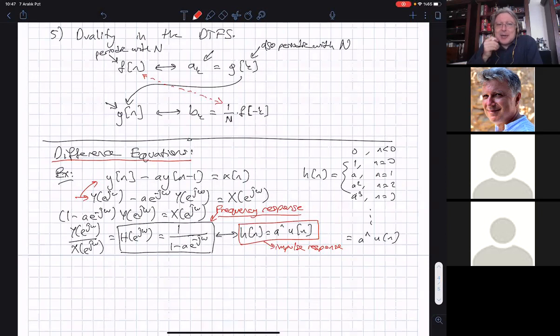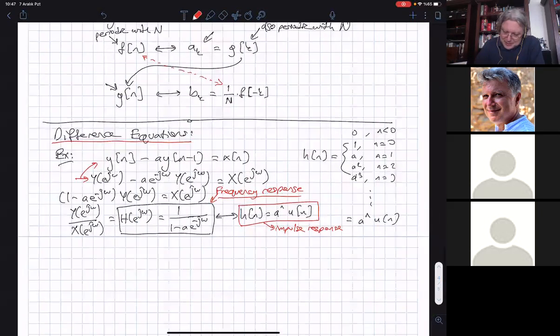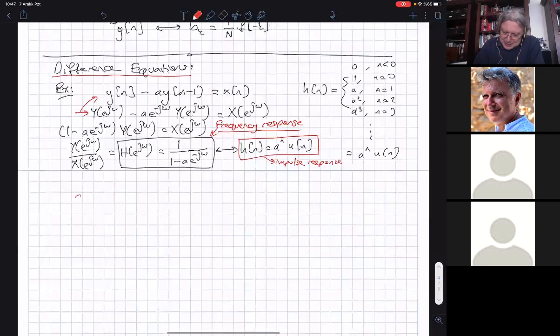Can you imagine? I will find the impulse response of this y of n. Let me write it here. I will think of constructing a question like this.